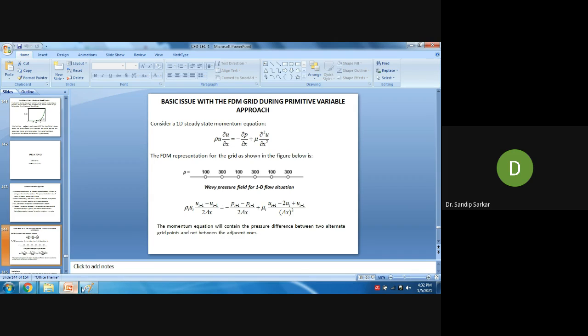What you can do, you can discretize u del u by del x with backward difference, del p by del x also backward difference, and del 2 u by del x2 you can also discretize with backward difference. If you discretize all these three terms with the backward difference technique, and want to solve this problem to calculate u at every point of the flow domain where your pressure gradient is a checker zigzag type of pressure distribution, then what will happen?